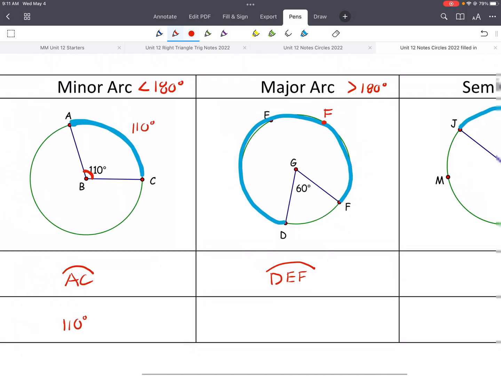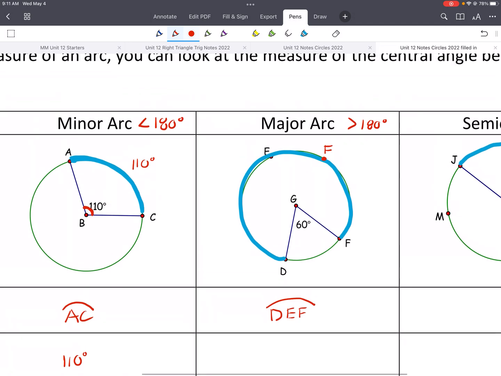All right, what would be the measure of the arc here? Well, we know, and this is something we should put a little star by, that a circle is equal to 360 degrees. They tell us that the minor arc is 60, so what would the major arc have to be?